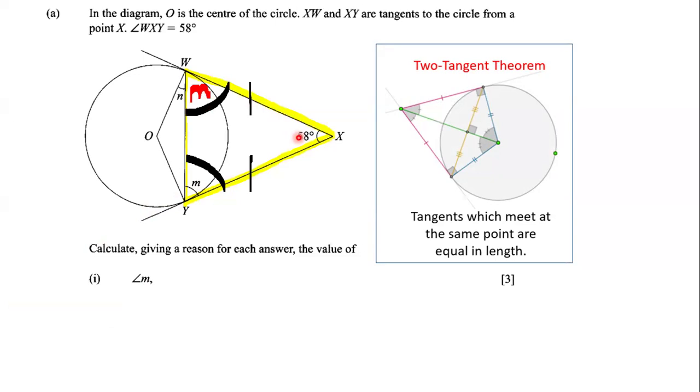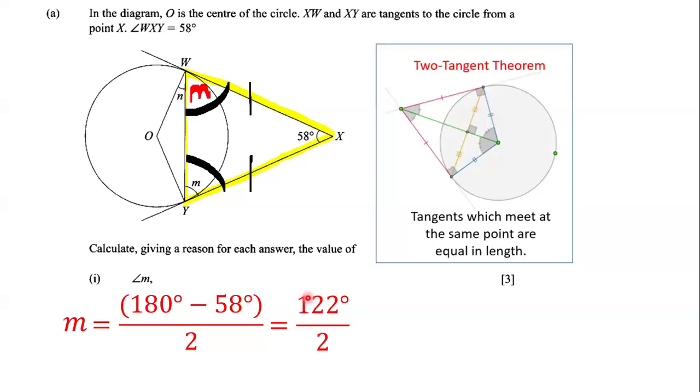Now, what do we know? Well, we know that the interior angles of a triangle add up to 180 degrees. And so in order to find M, we're going to take 180 and subtract 58. When we subtract 58 from 180, we get 122, but we have to divide it by 2.